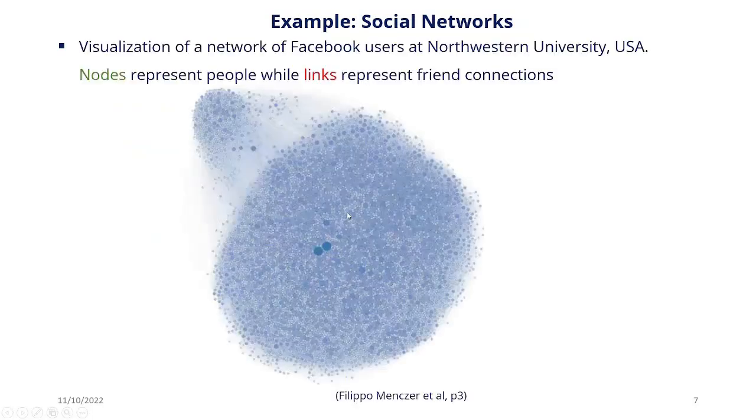In the diagram we see below, which is from the book of Filippo Menczer, you can see this graph that consists of the blue dots, which are called nodes. This is a visualization of a network of Facebook users at Northwestern University, and these dots, which are the nodes, actually represent people, while the blue lines that are connecting them, very dense, are called links or edges.